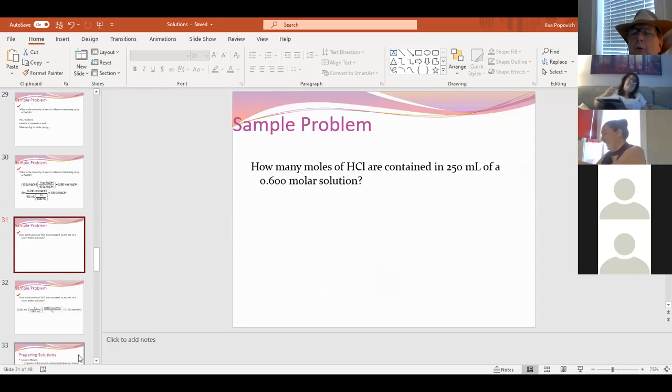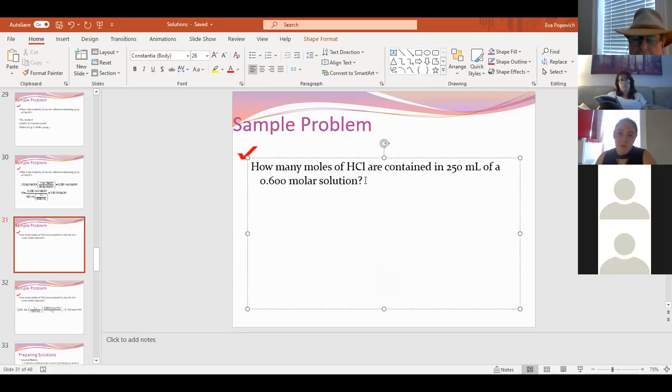What did I say molar solutions were? What's the label for molar? Moles per liter. Okay, so can I convert this 0.600?